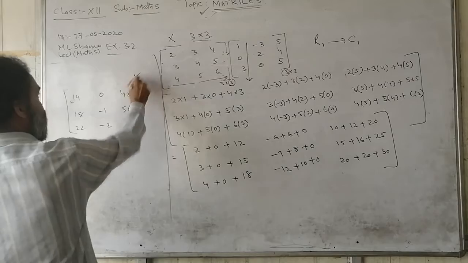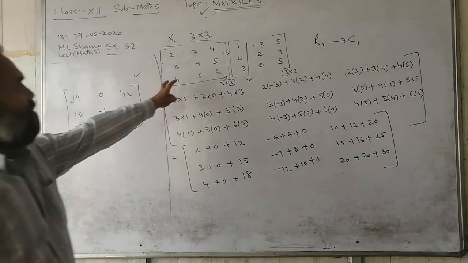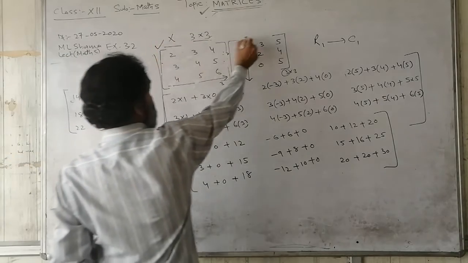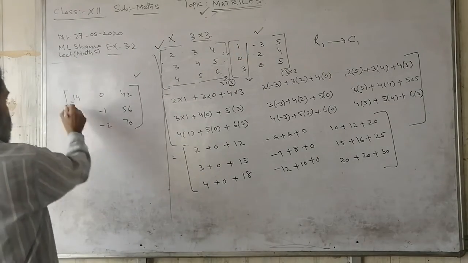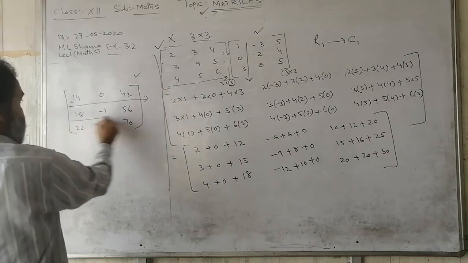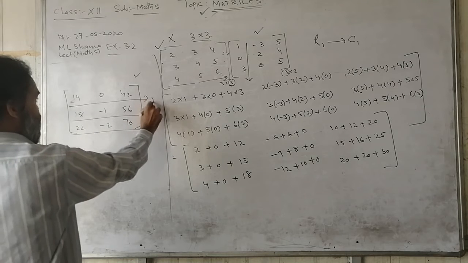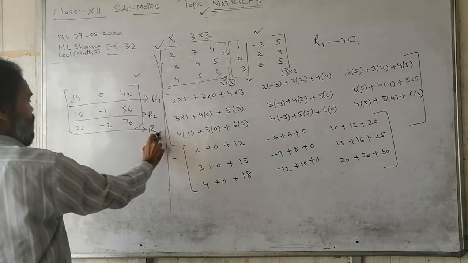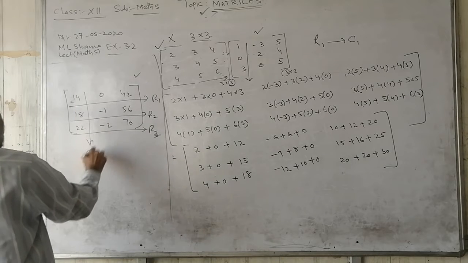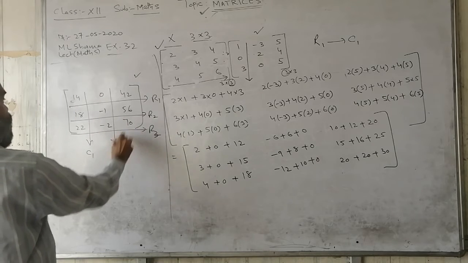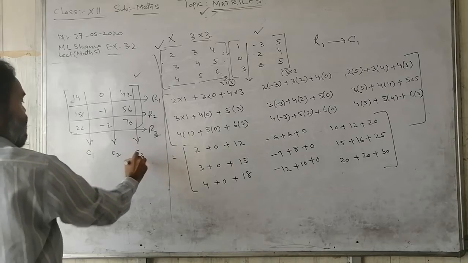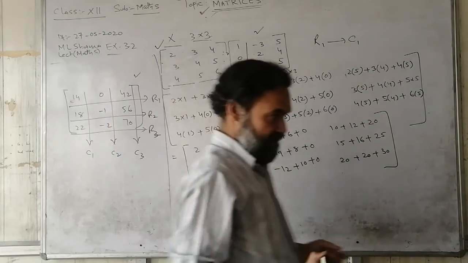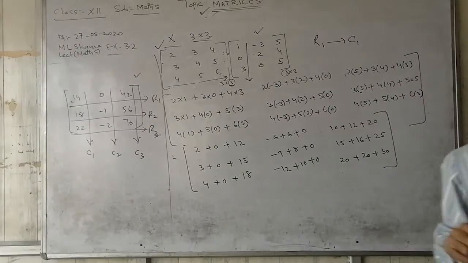So this is the final product of the two matrices which were given in the question. Again, this matrix which we have obtained has R1, R2, R3 and C1, C2, C3. So this is how a 3 by 3 matrix is multiplied.